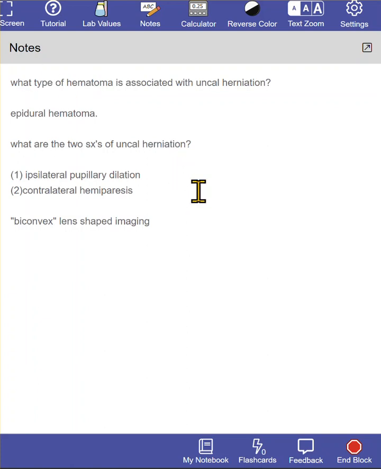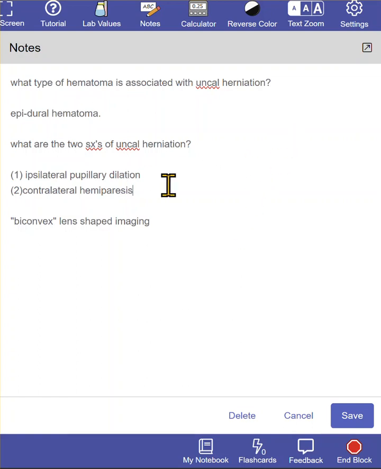So what type of hematoma is associated with uncal herniation? Epidural hematoma. Uncal herniation, otherwise known as coning, is epidural hematoma. Epidural means above the dural layer of the meninges. What are the two symptoms of uncal herniation?